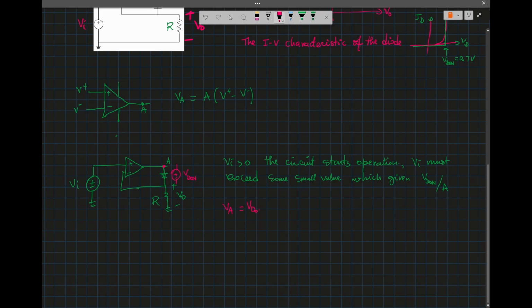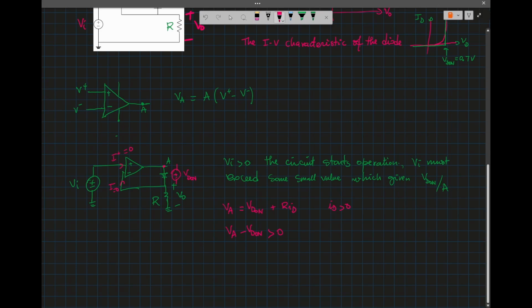So VD on plus R ID, because the current I minus is 0 and I plus is 0. So when the diode conducts, then ID must be positive. That means VA minus VD on must be bigger than 0.